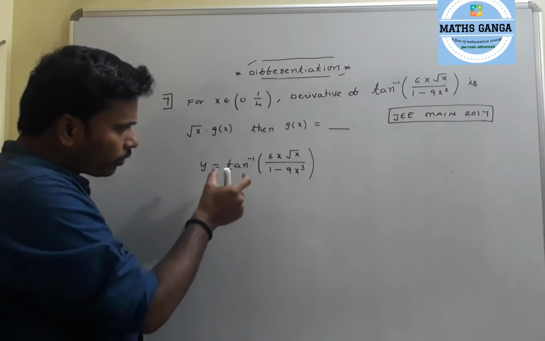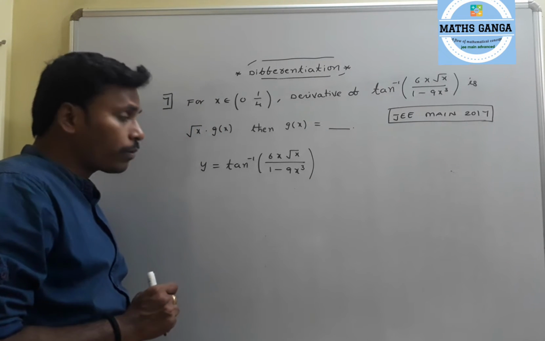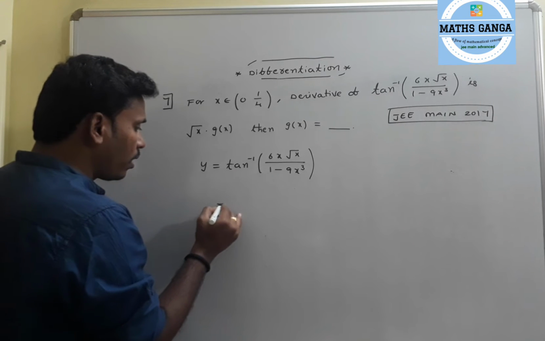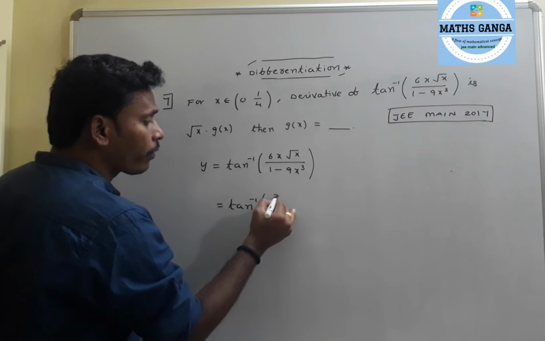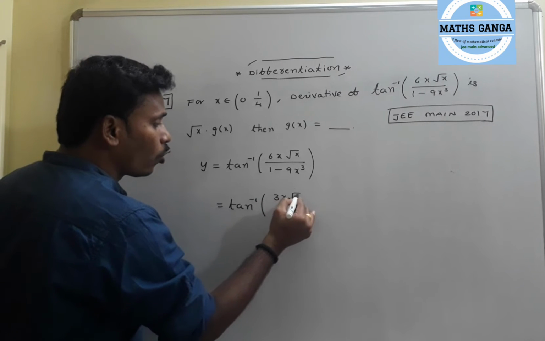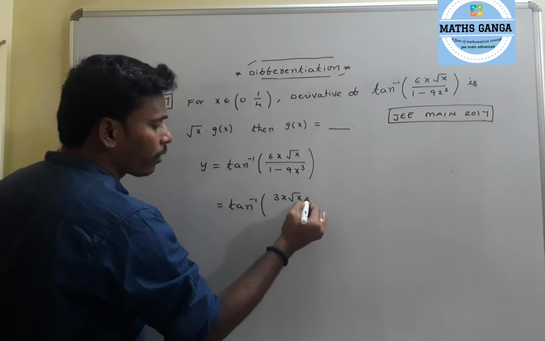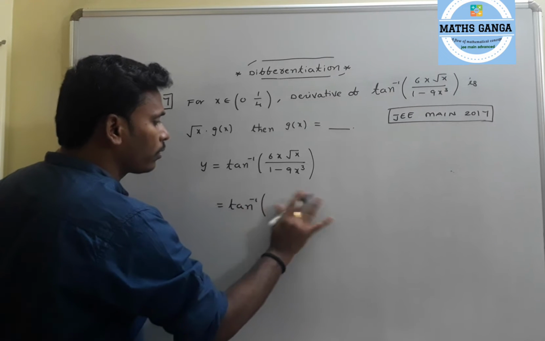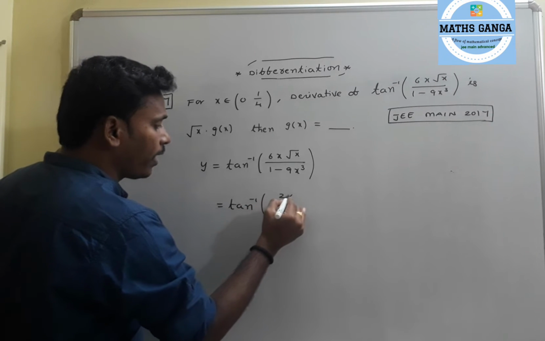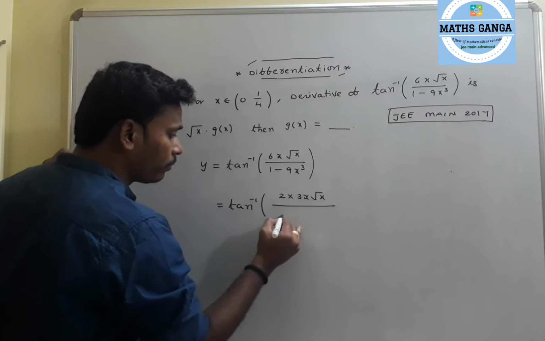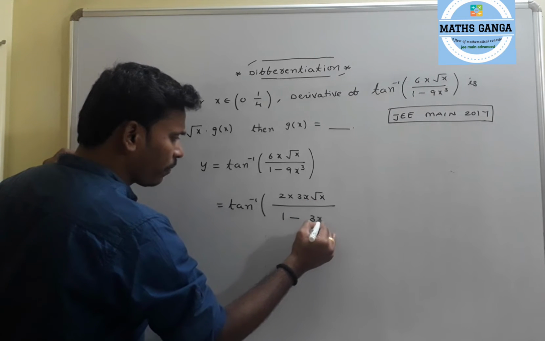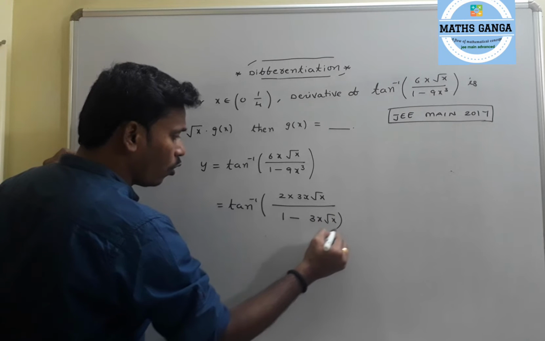Now just look at this, and I am trying to write it like this. 6x root x can be written as 2 into 3x root x divided by 1 minus 3x root x whole square.